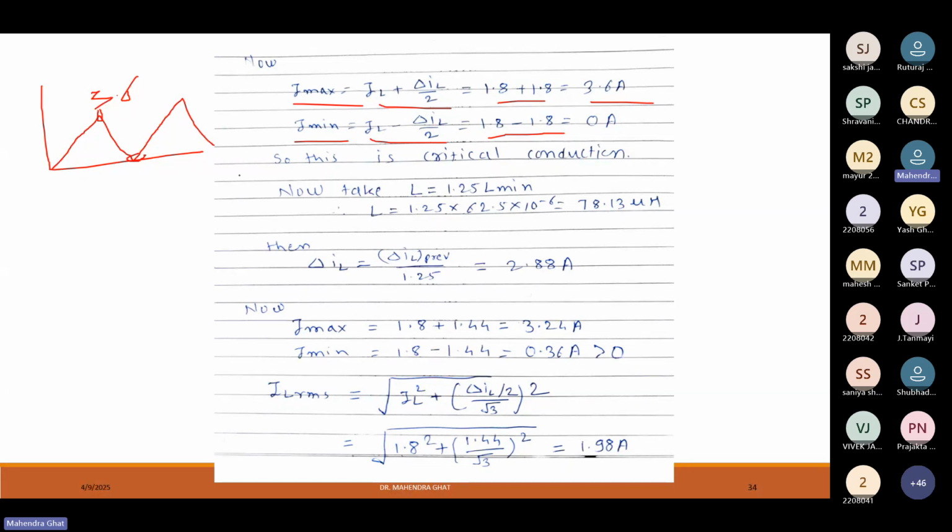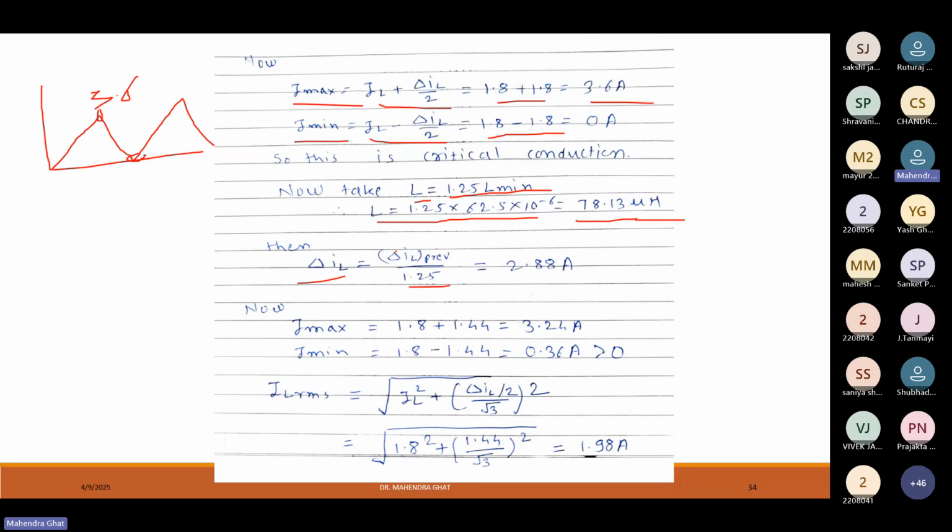So if we want continuous conduction, the L minimum has to be increased to some higher value. So what I did, I have taken 1.25 times the L minimum as L. So my L value is 78.13 microhenry. So delta IL will be reduced by the factor of 1.25.